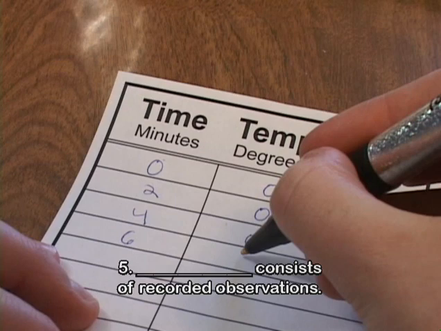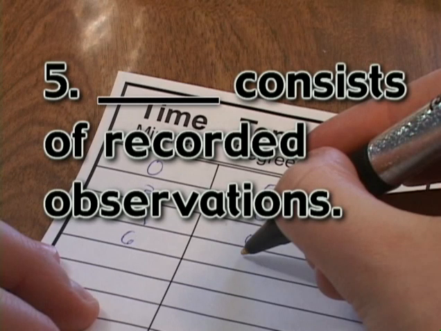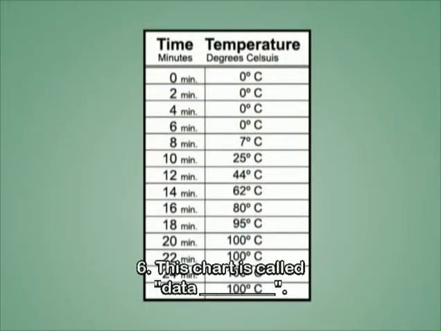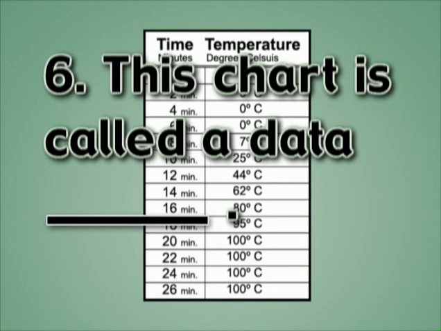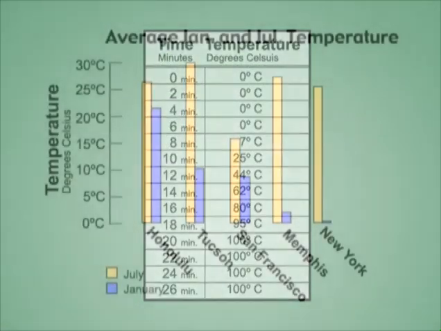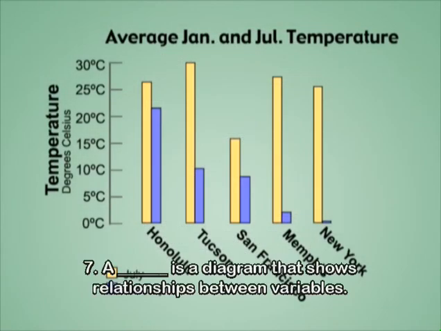Consists of recorded observations. Number 6. This chart is called a data. Number 7. A is a diagram that shows relationships between variables.